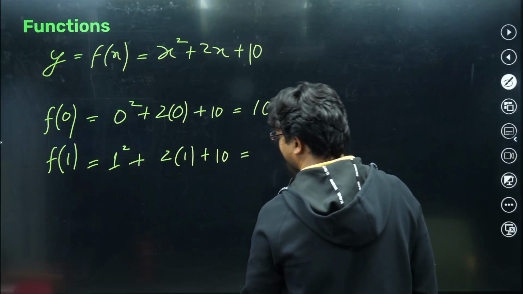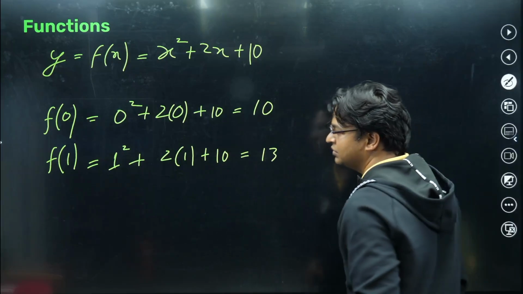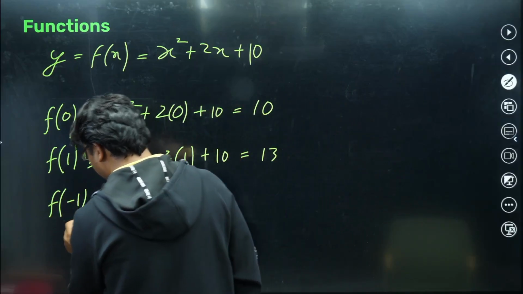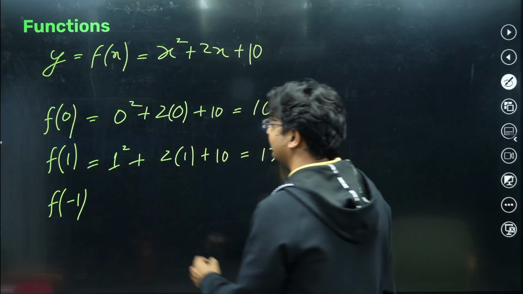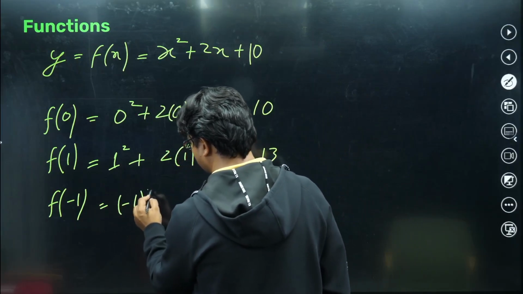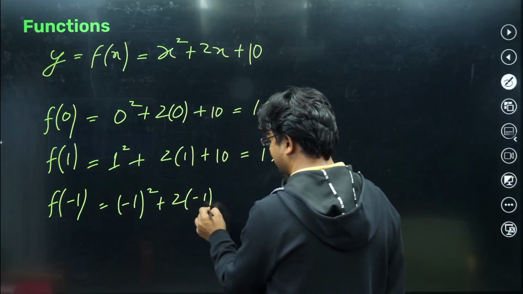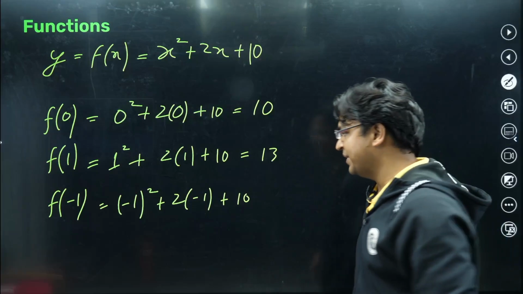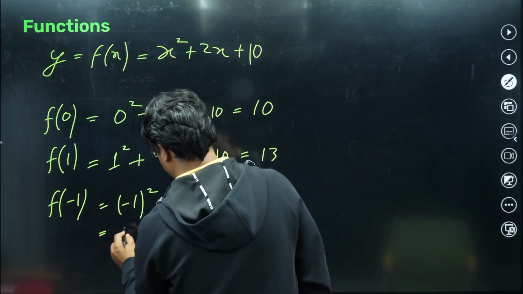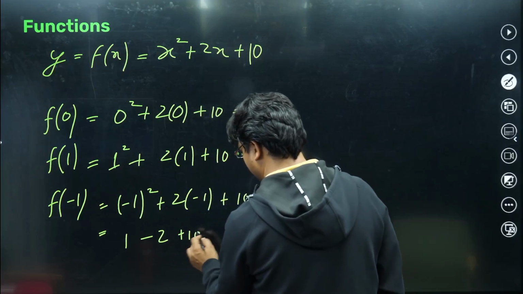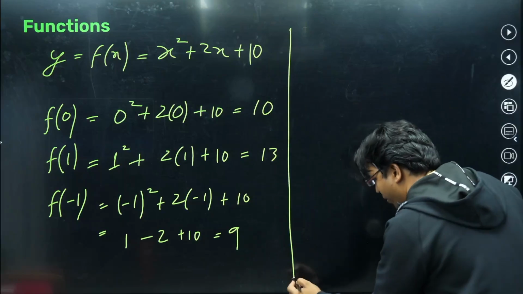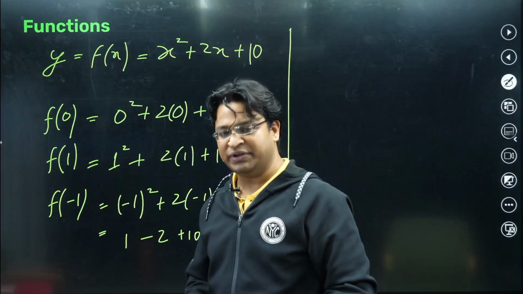So that would be 1 plus 2, 3, 13. If I ask you to calculate f of minus 1, then it would mean minus 1 square plus 2 into minus 1. Basically here, wherever x is written, you will replace x by whatever is written here. So it will become 1 minus 2 plus 10. So that is 9. I hope this is clear to everyone.